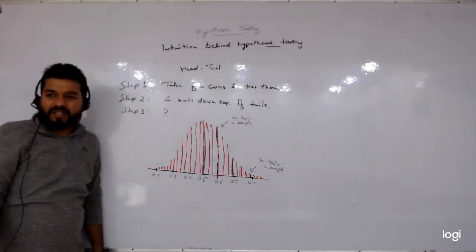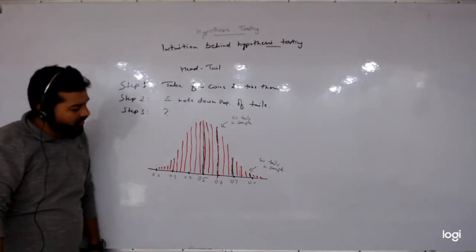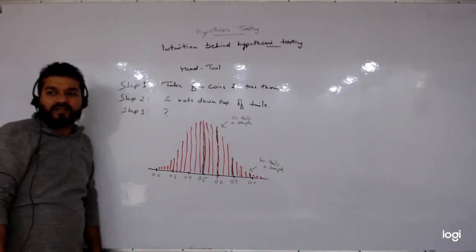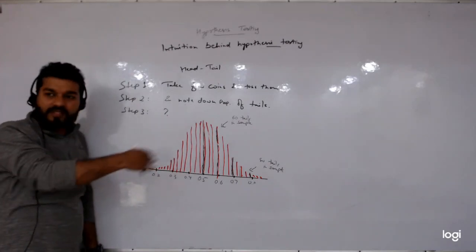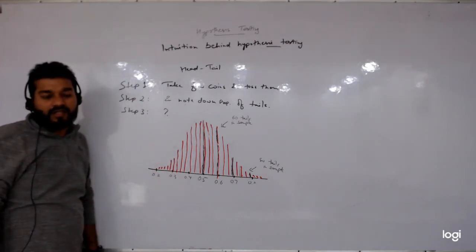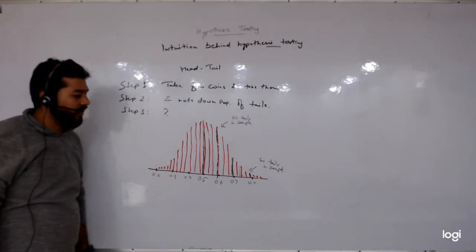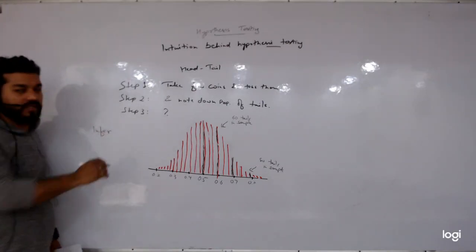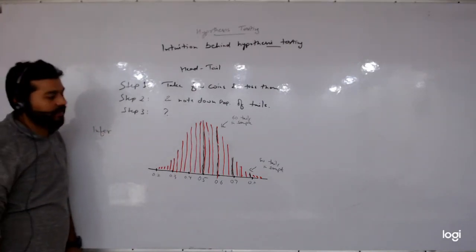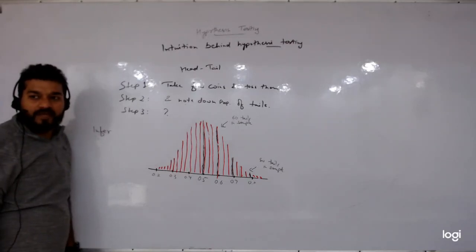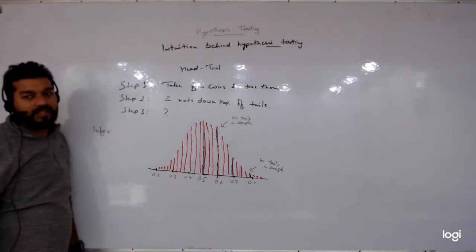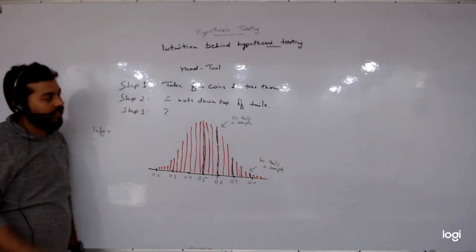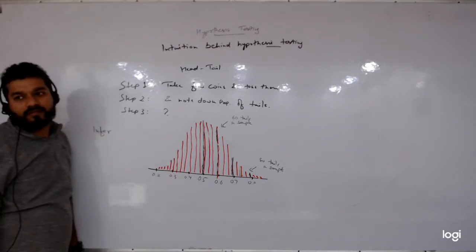Till 70, fine, we don't have enough evidence, but if it's beyond 70, then things are fishy. Then we may infer, the keyword here is infer, that the coin is tail biased. It's biased towards getting more tails.